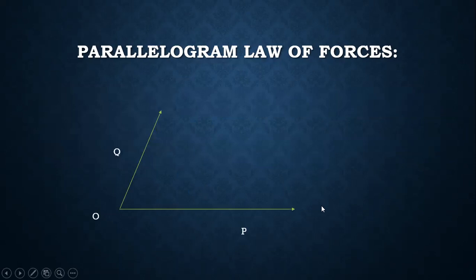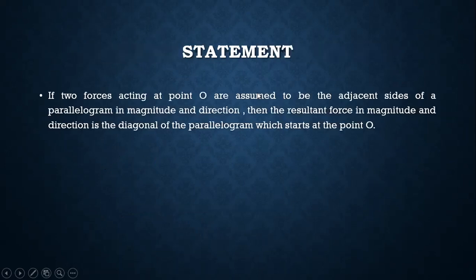This can be graphically illustrated as shown in the next slide. Let O be the point on which two forces P and Q act, forming the adjacent sides of the parallelogram. From this we need to find the resultant of the forces P and Q by applying the parallelogram law of forces.